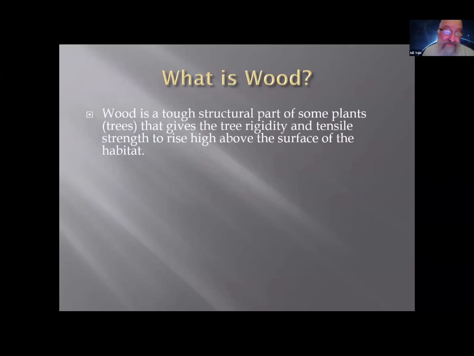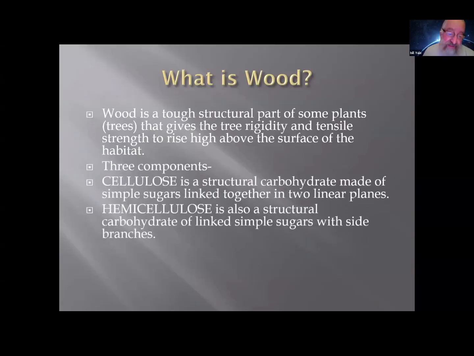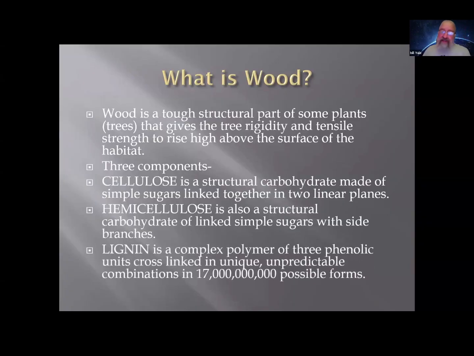And so what is wood? It's the structural material that allows trees to get tall. Cellulose, hemicellulose, and lignin. Lignin is the craziest molecule that I've ever come across, and it has a very complex way of forming, and there are possibly 17 billion different isomers of lignin, which simply means that every time lignin is formed in any plant, anywhere, it's formed a little bit differently than in every other plant.